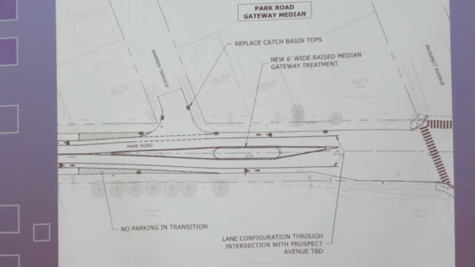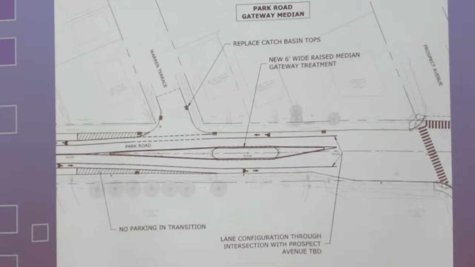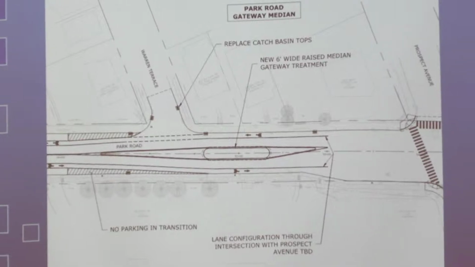You'd need to have no parking in the transition, and then that would have to be tied into the Hartford system. So that's still to be determined. And then across all of these slides, you're going to see replacement of all the catch basin tops. They're really old, they're beat up, it'd be good to replace them.